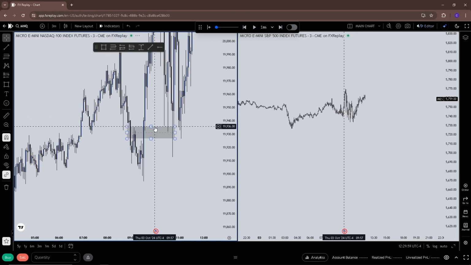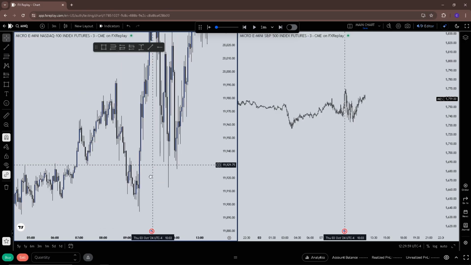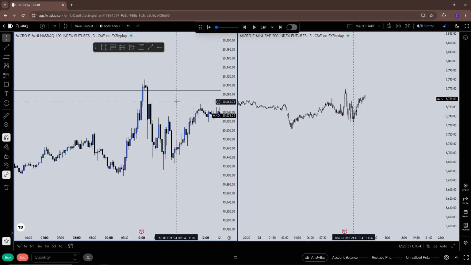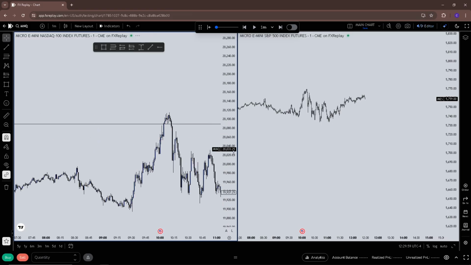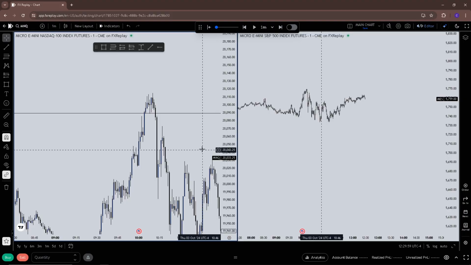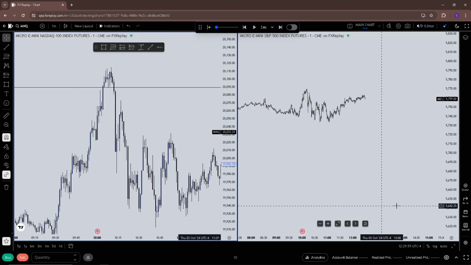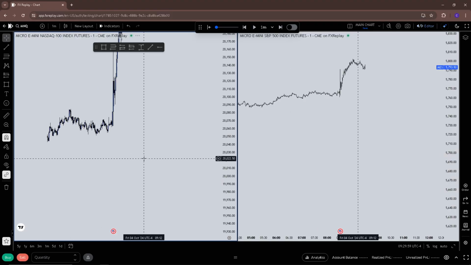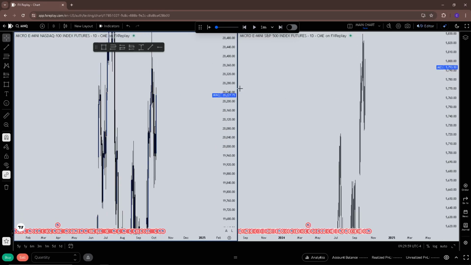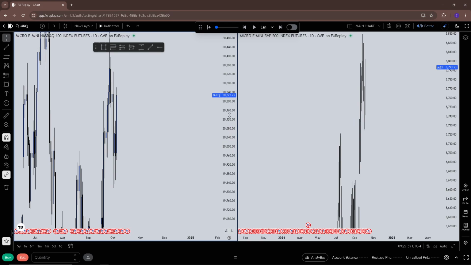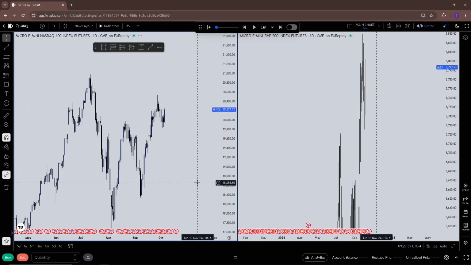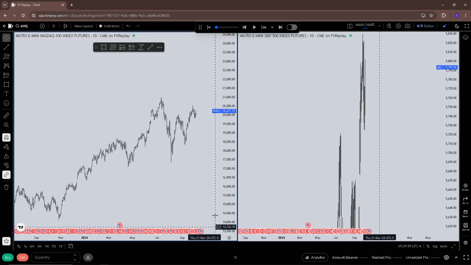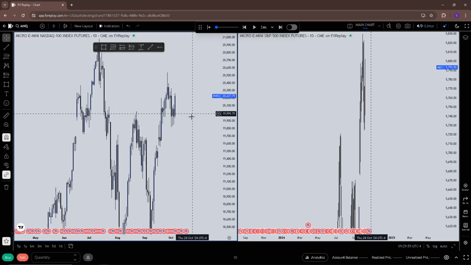I mean, this distribution off open looks good. We look like we're trending bullish.